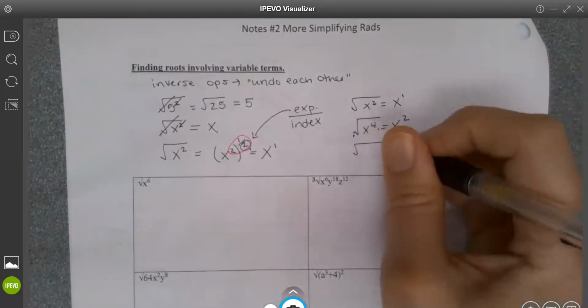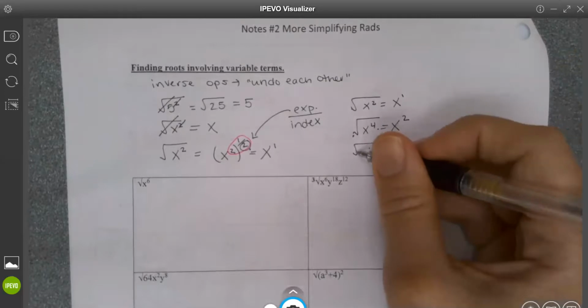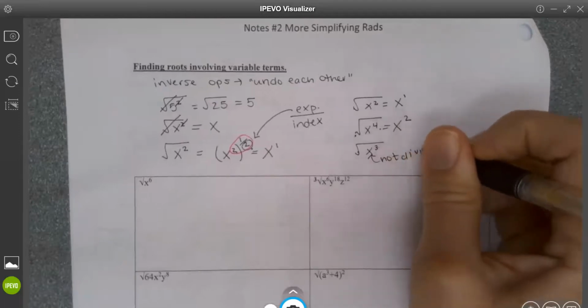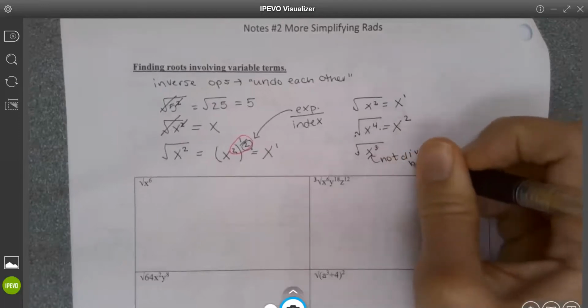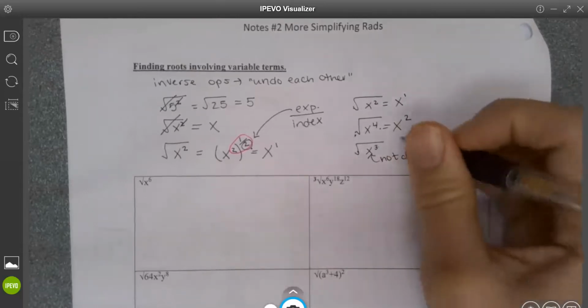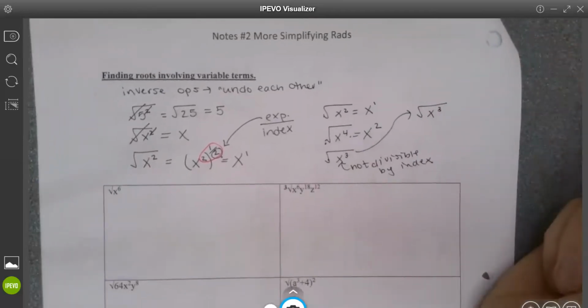But if I had the square root of x cubed, well, that doesn't work. 3 cannot be divided by 2. It is not divisible by the index.